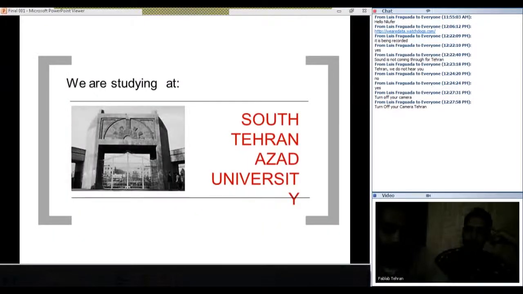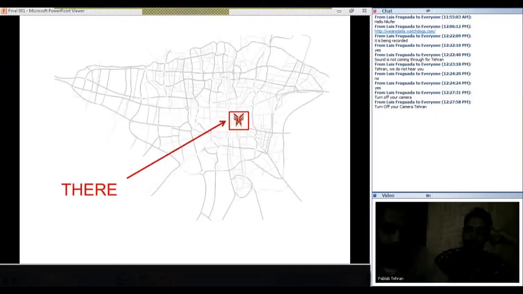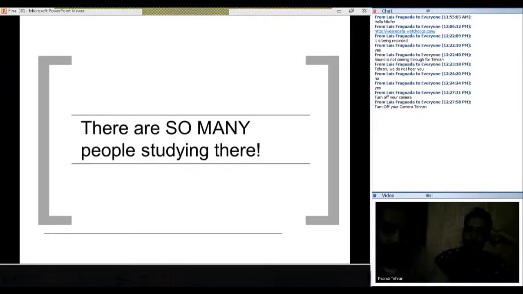We are studying at the South Tehran branch of this complex. It is placed in the southeastern part of Tehran, and many people are studying there.